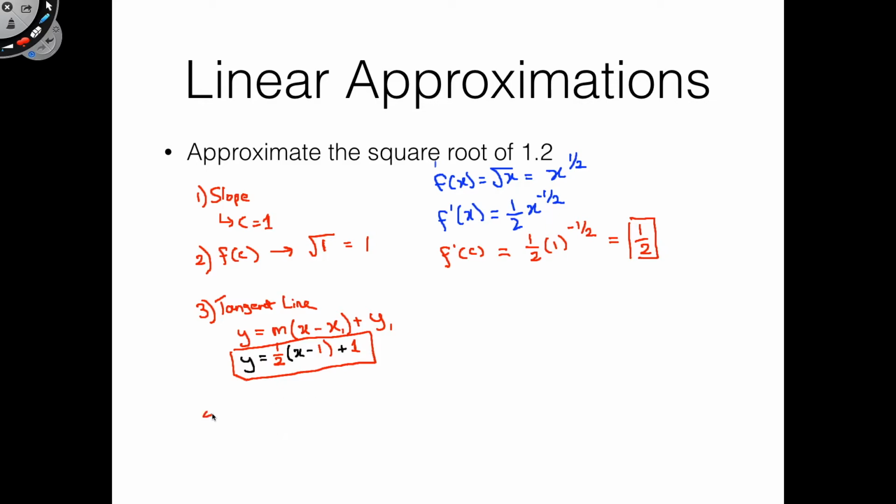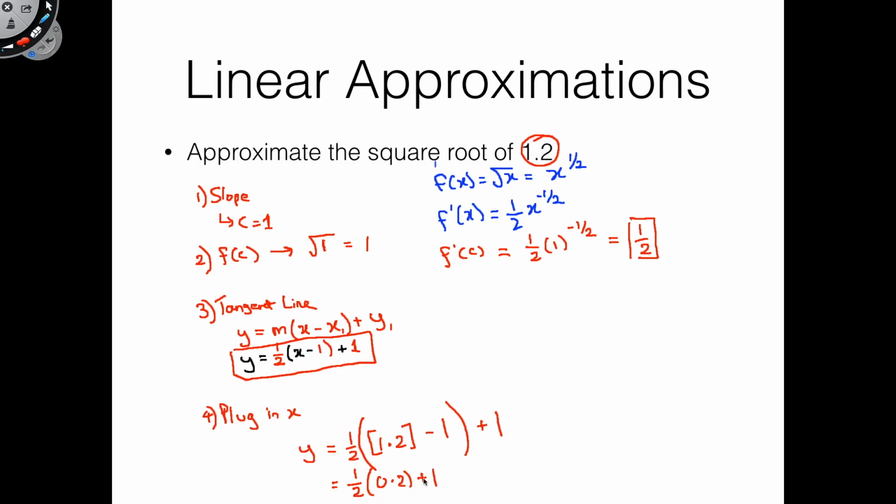And now last but not least, we just have to plug in that x. So now you just plug that in, and we're going to have y equals 1/2 times 1.2 minus 1, plus 1. 1.2 minus 1 is just 0.2, so this would be 0.5 times 0.2 plus 1.